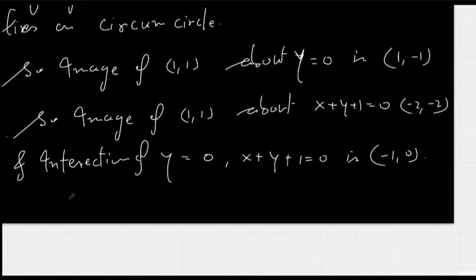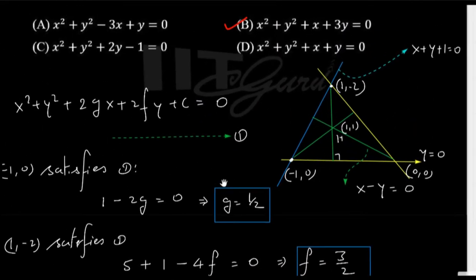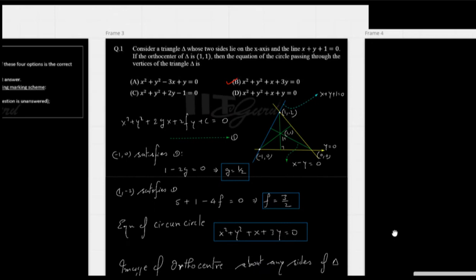If you satisfy these 3 points, 1 comma minus 1, minus 2 comma minus 2, and minus 1 comma 0, then you get the values g, f, c as before. So g will be 1 by 2, f will be 3 by 2, and c will be 0. Nearly the same working. This implies the equation of the circle is x square plus y square plus x plus 3y equal to 0. That is the equation. So this is the solution of the first question.